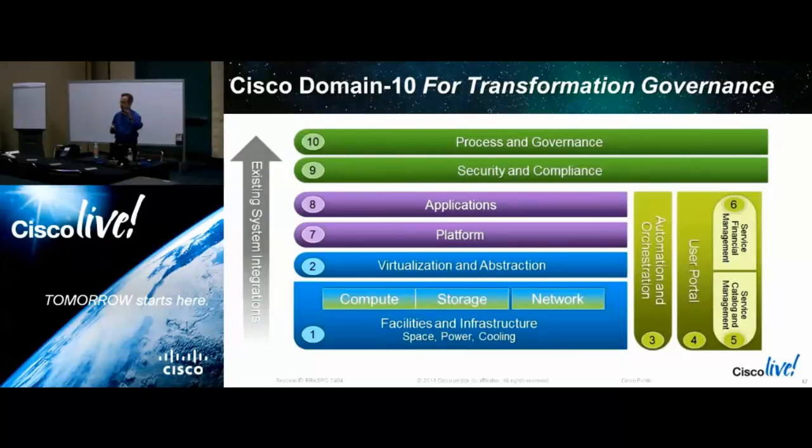It starts, of course, at the very base. You have the facility, it's the MEP, the physical server, network storage, converged infrastructure, all that stuff. And can this domain support this cloud or big data or other transformational change over time, not simply just today? And there's a capability matrix behind this that we can touch on. The second domain virtualizes all of that so that it becomes a resource pool.